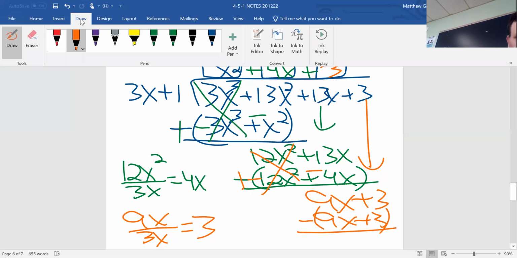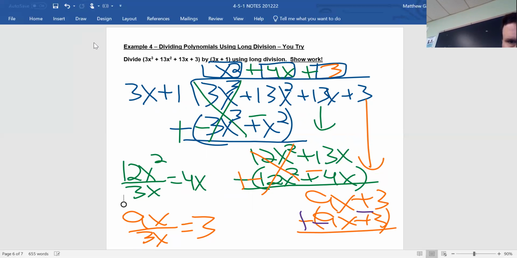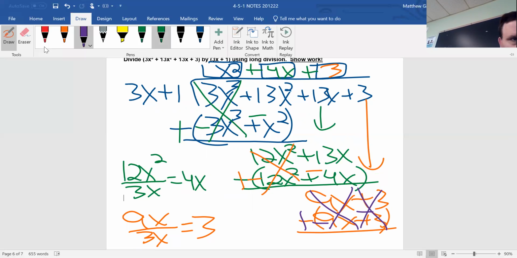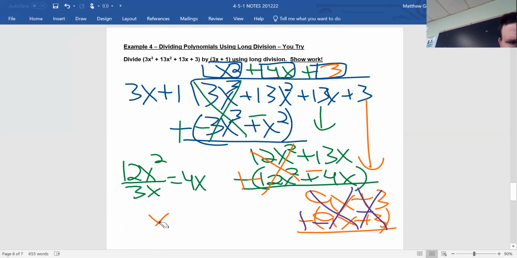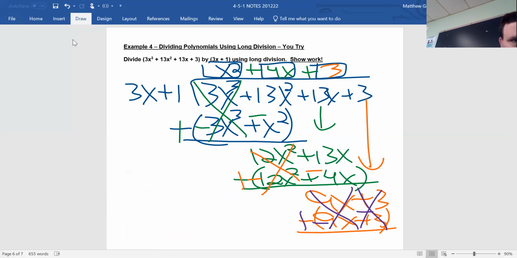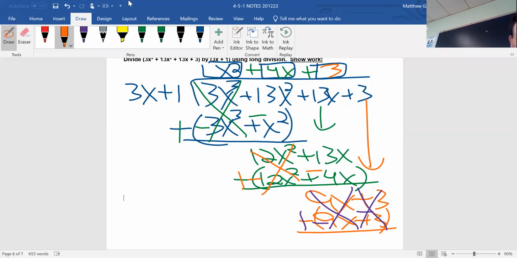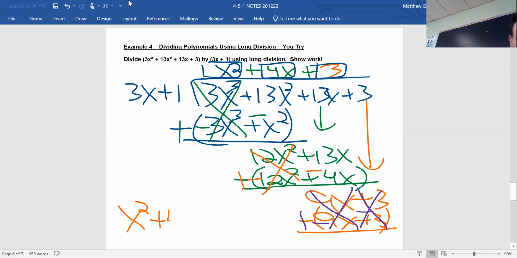All right, so add the opposite and the opposite, everything cancels. Everything down here is gone. We're left with x squared plus 4x plus 3.